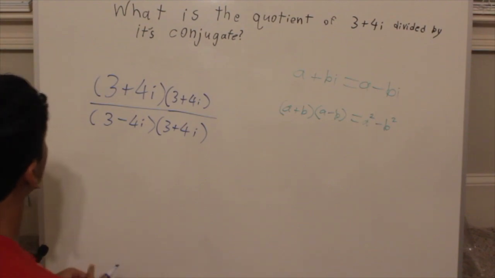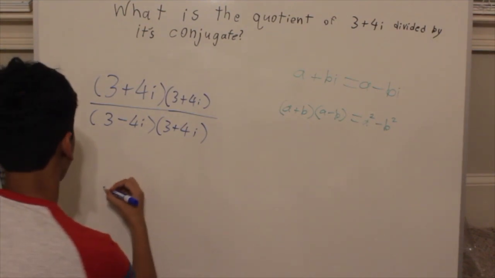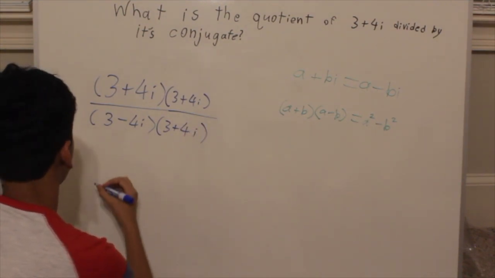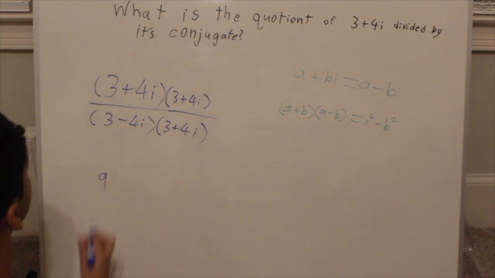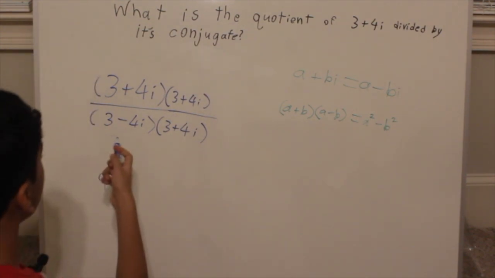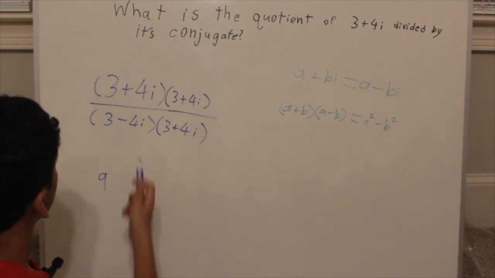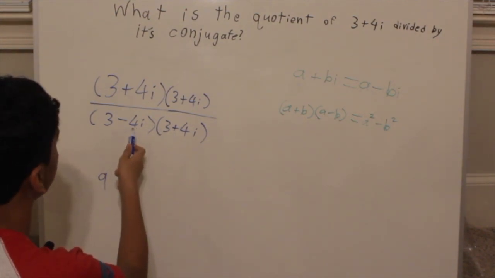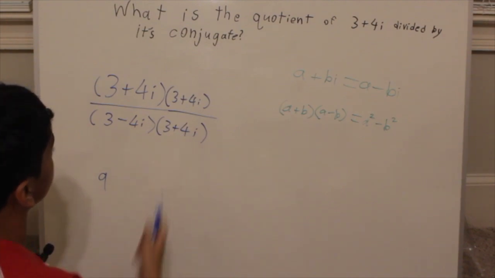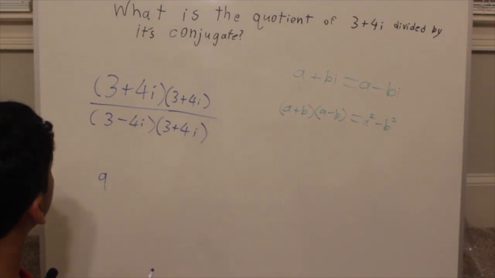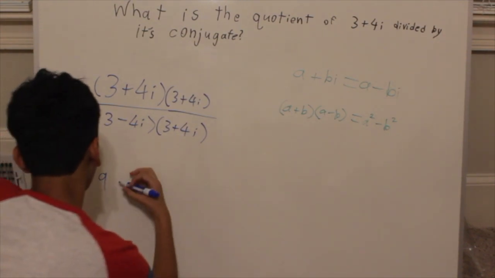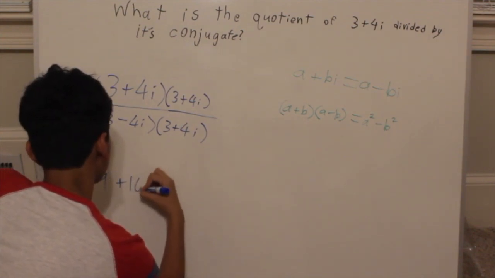So you would have a squared is 9, so 3 squared is 9. And then you might make a mistake in this. So the answer to this, negative 4i times 4i is negative b squared, but it's actually plus 16.